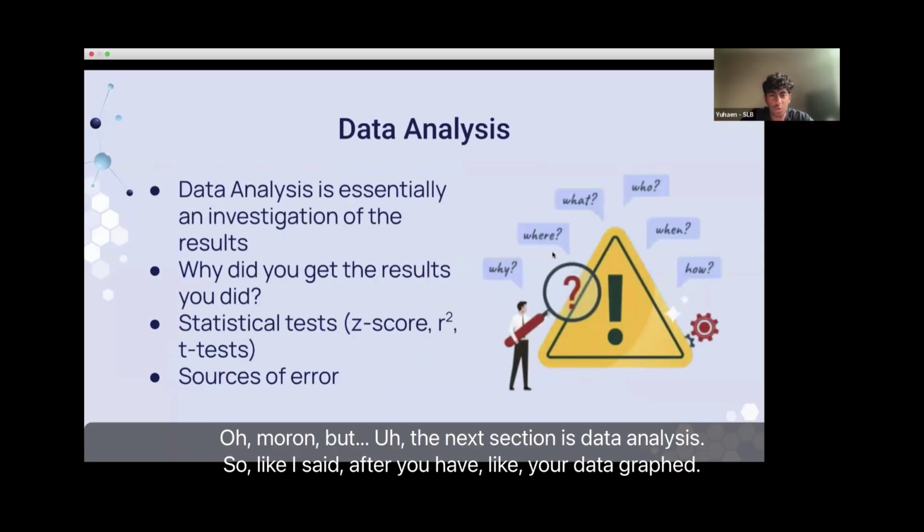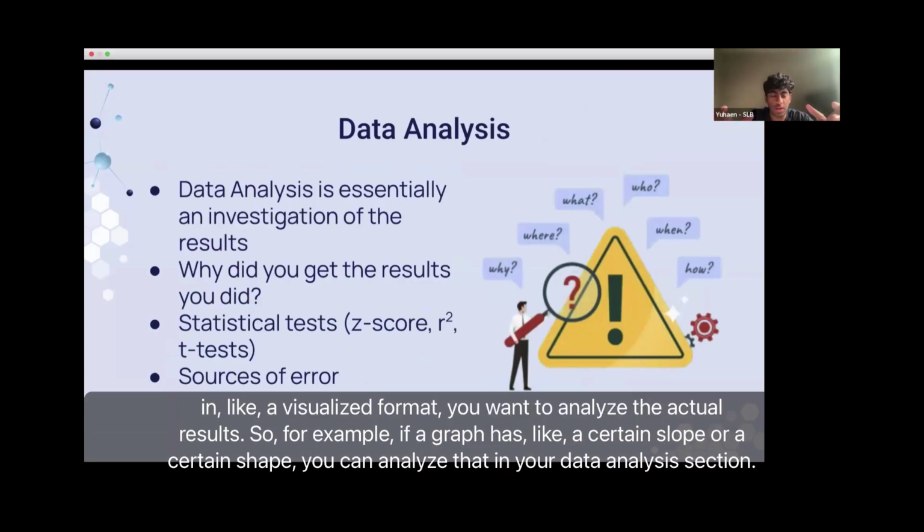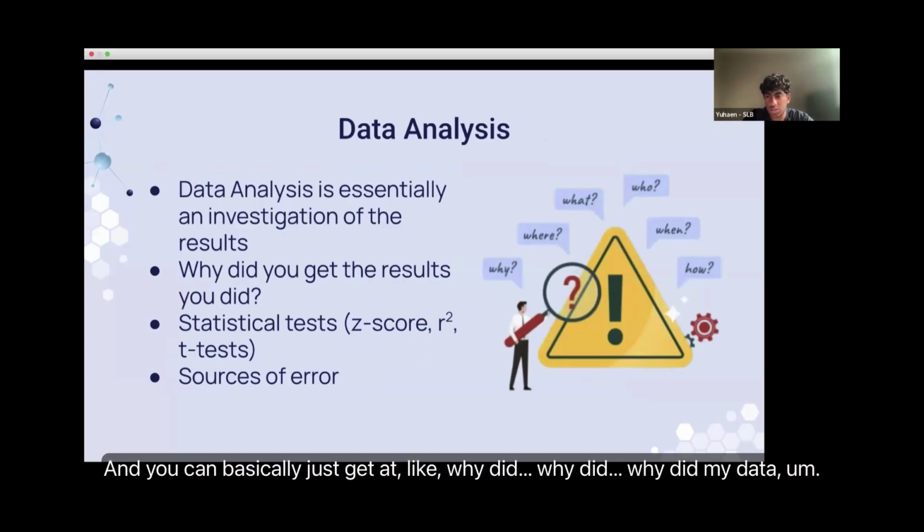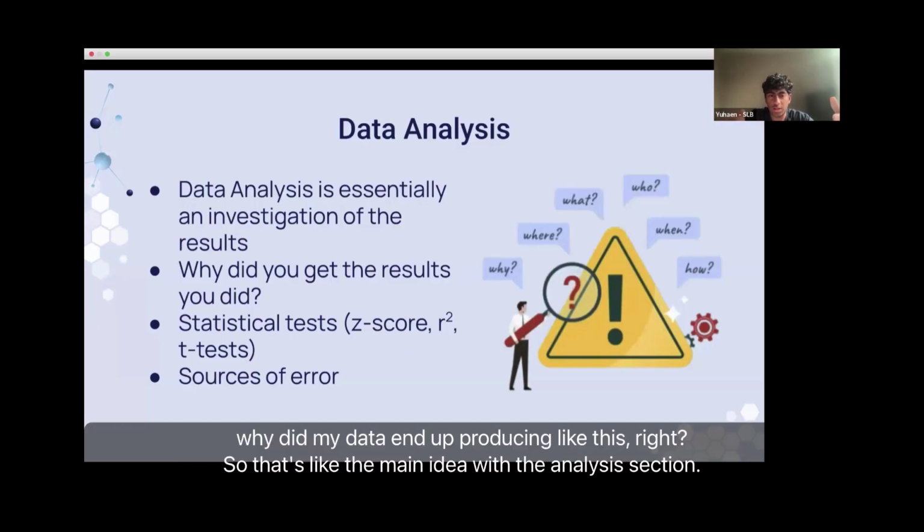So like I said, after you have your data graphed in a visualized format, you want to analyze the actual results. So for example, if a graph has a certain slope or a certain shape, you can analyze that in your data analysis section, and you can basically get at why did my data end up producing this, right? So that's the main idea with the analysis section.